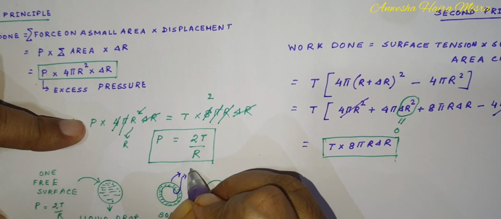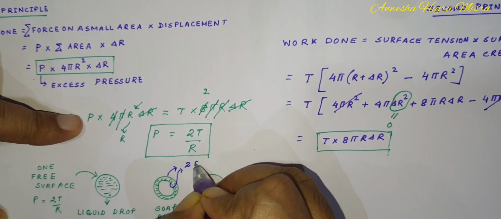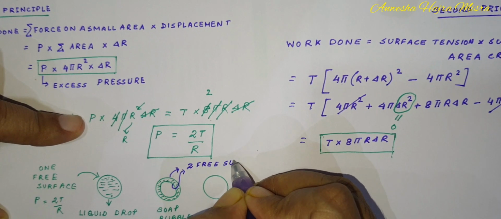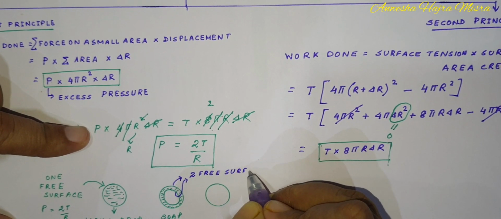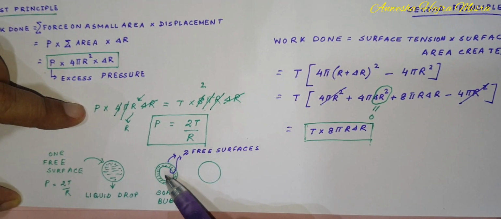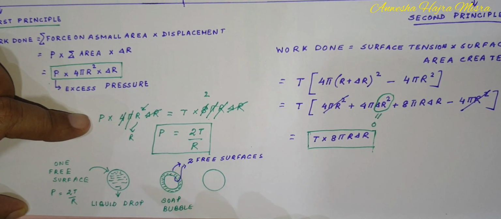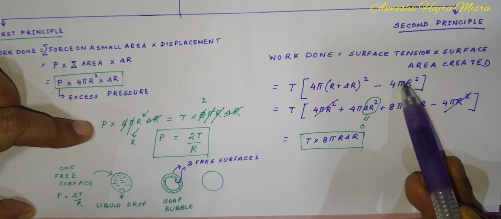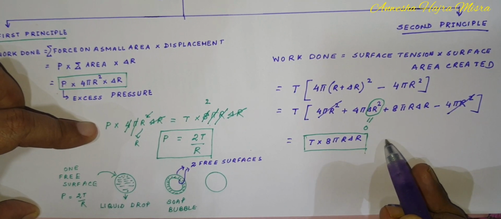So when the bubble increases in size, the inside surface also increases, and the outside surface also increases. So the surface area created will be into 2.